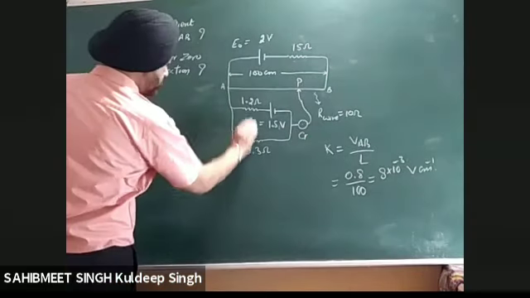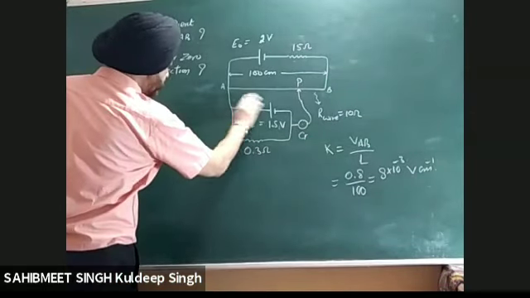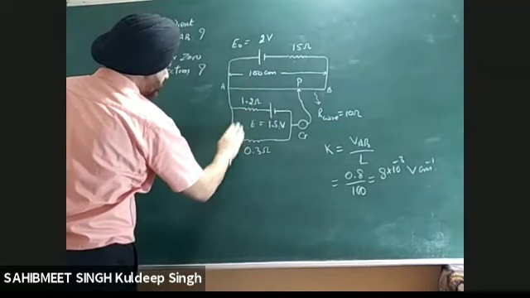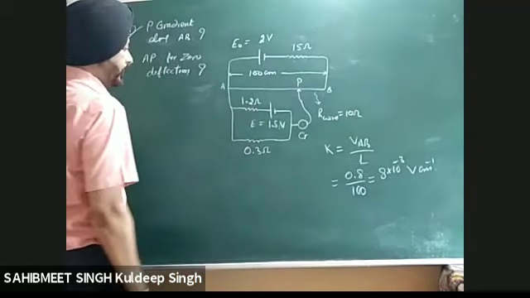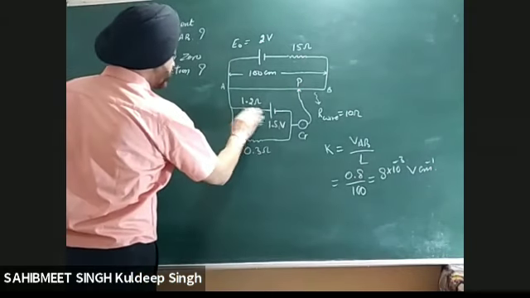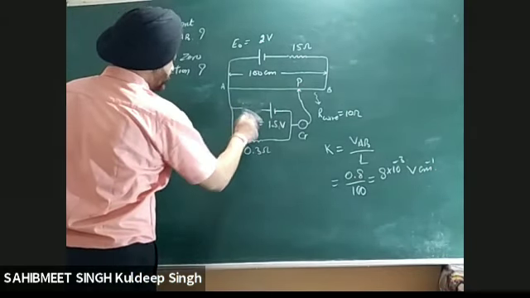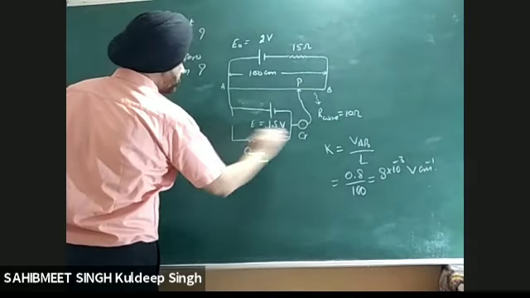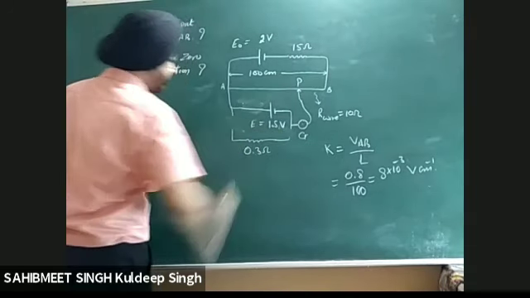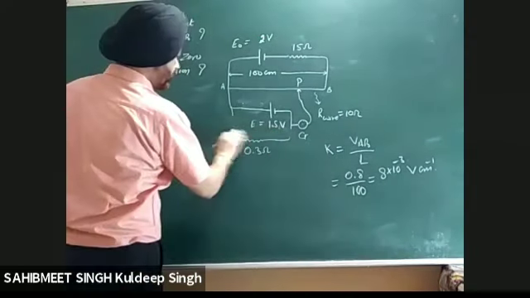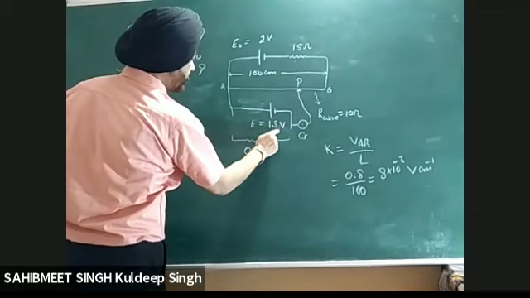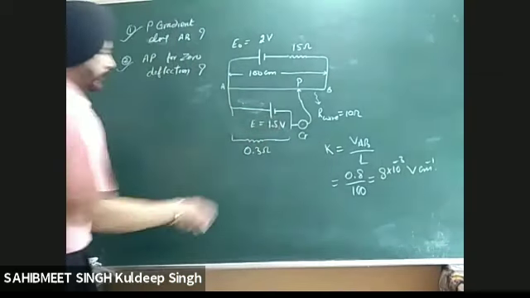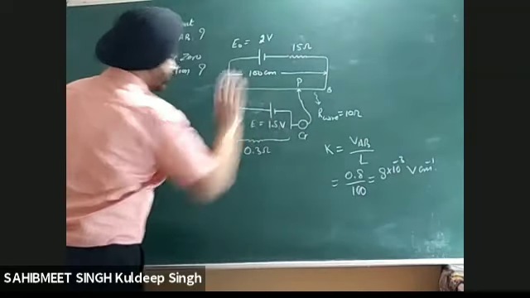If this circuit is not given, this potential is not given, this resistance is also not given, and you are balancing just, for example, this 1.5 only, then no problem. You will write 1.5 equal to KL.